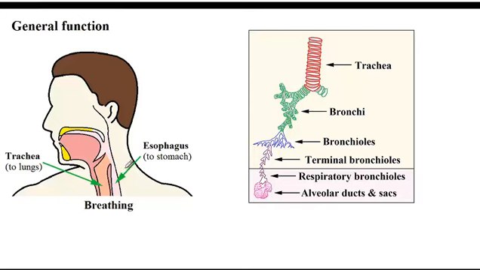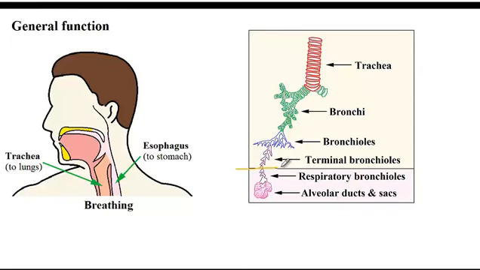So we've already discussed the function of the esophagus is to let food down into the digestive tract, particularly stomach is the next structure that it will reach. And then regarding trachea, it will divide into smaller branches called bronchi, bronchioles, terminal bronchioles, until they will eventually become so small that they are called respiratory bronchioles and alveolar ducts and sacs.